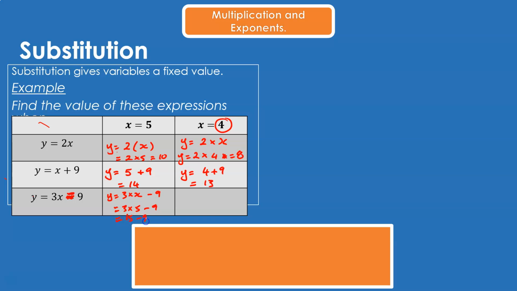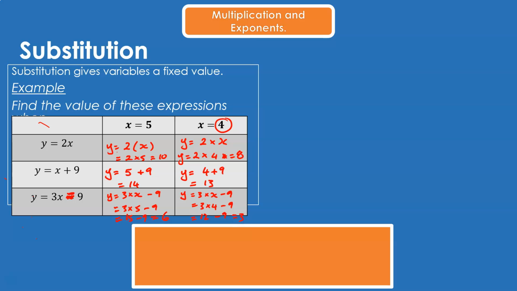Take away 9 gives us 6 for the answer. Follow the same process here. y is equal to 3 times x minus 9. We then do our substitution. 3 times 4 minus 9. 3 times 4 is 12. Minus 9 gives us 3.